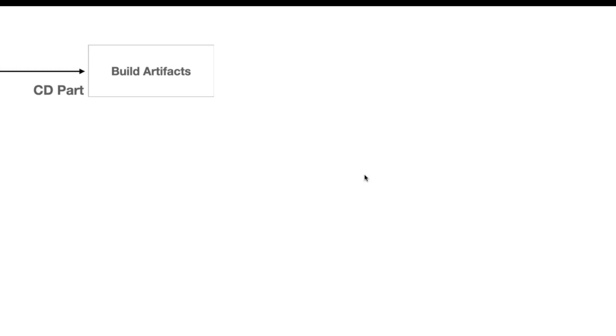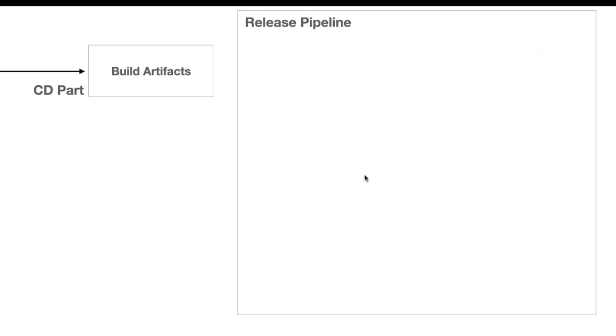Based on the programming language, it depends. That build artifact we will take to CD, continuous delivery or deployment. Here in continuous deployment, we will have release pipelines. In this release pipeline, we configure our environments like dev and test, and we deploy that build artifact to the environment.